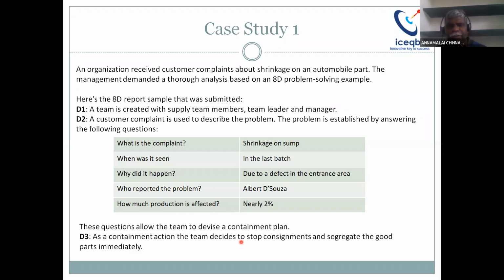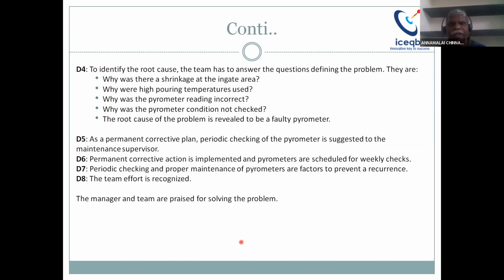So this is the containment, the immediate action, so that the customer's production or operations are not affected.